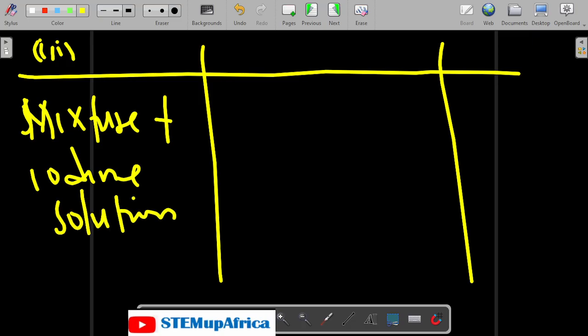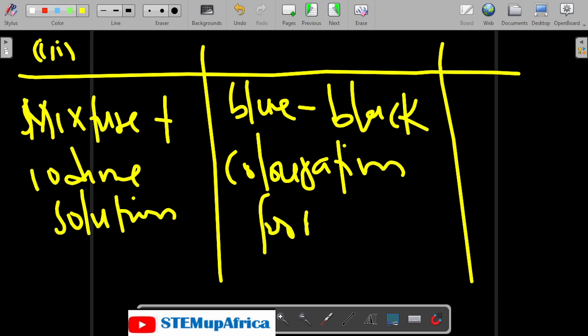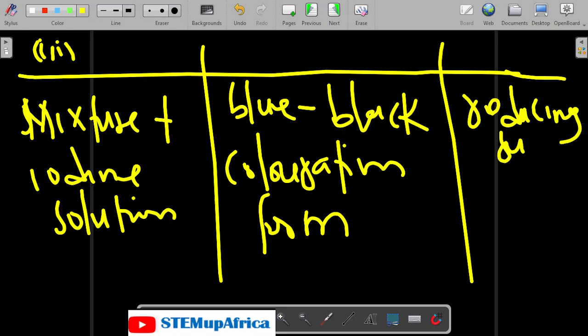What I'm going to have is a blue-black coloration formed. What does that tell us? Presence of starch. The starch is present.